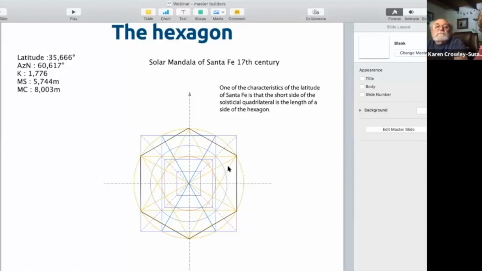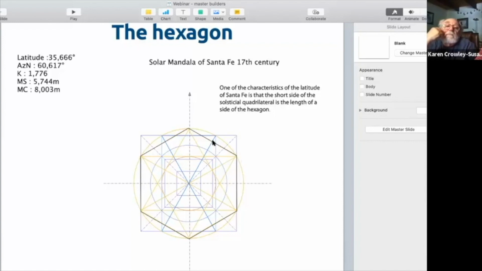This pattern right here is a solstitial quadrilateral. You can see the short side of the hexagon equals the short side of the solar rectangle, the solstitial quadrilateral.